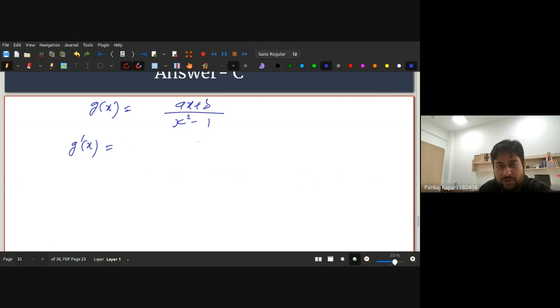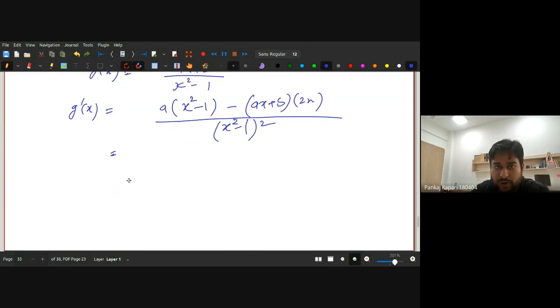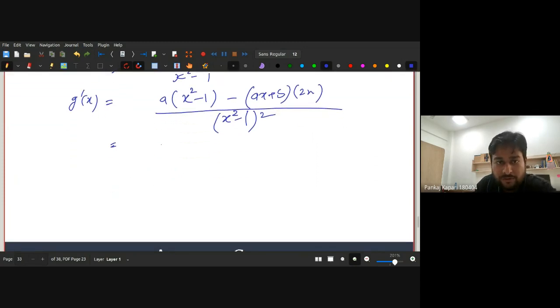Just differentiate the numerator: you will get a multiplied by x square minus 1, subtract from it ax plus b times 2x, and again divide by x square minus 1 to the whole square. Just simplify the numerator part. So you will have ax square minus a, and then minus 2a x square and minus 2bx. This we have in the numerator.